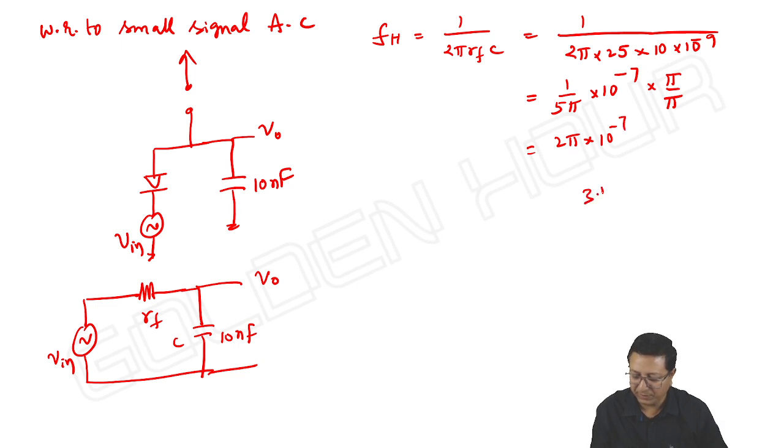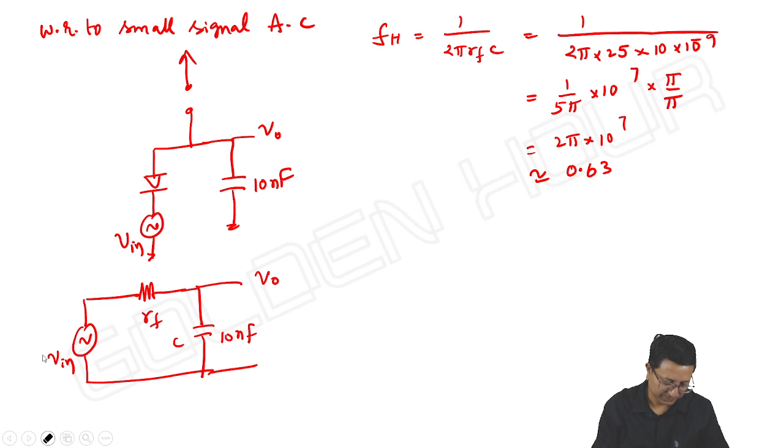Pi is 3.14, so 6.28 or 0.63 I can write. Approximately 0.63 megahertz.